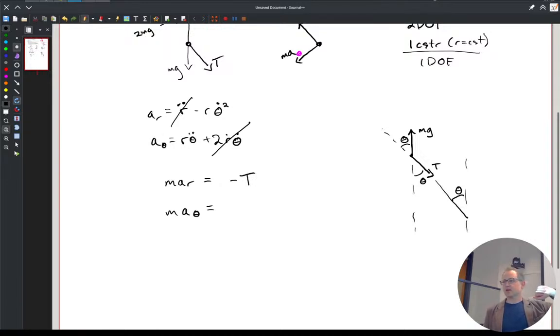Which one's radial, sine or cosine? Cosine? Yeah, it's right next to it, right? So then this one's got to be sine.